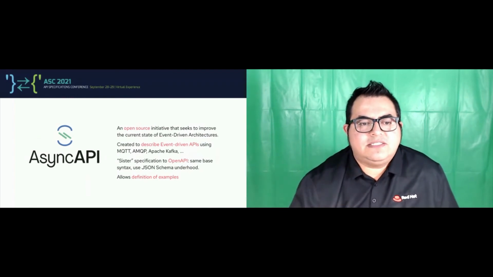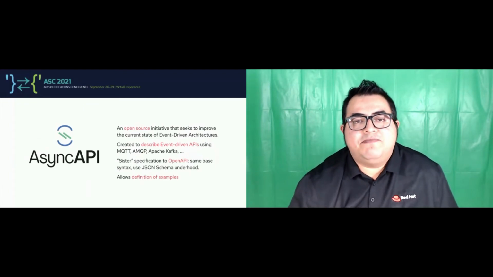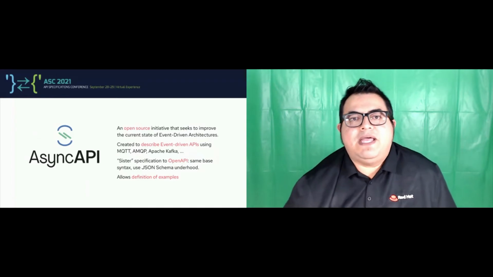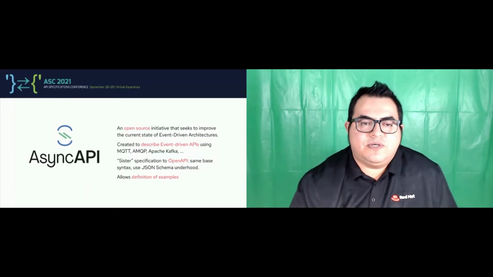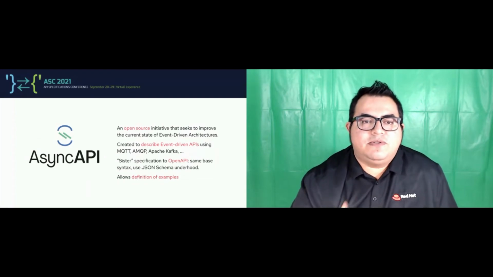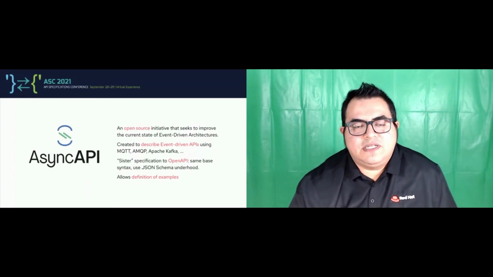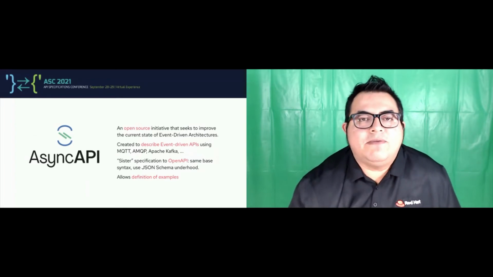So it is an open source way to share event-driven architectures. It was created mainly to describe these event-driven APIs. So basically, how do I interact as a consumer, as a producer with a broker, and being able to find information, do the discovery of the structure and the representation of my broker.